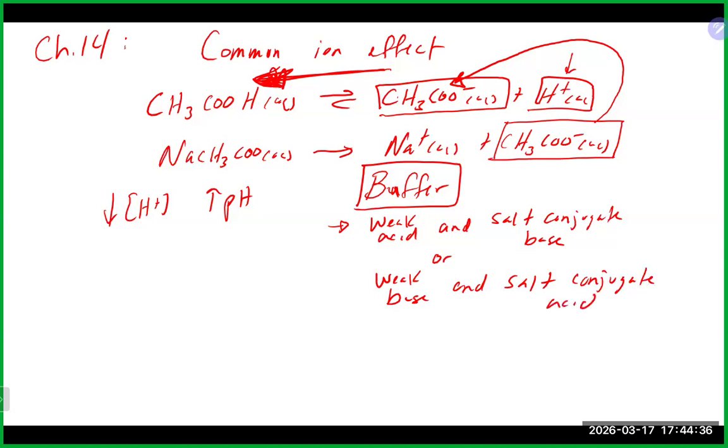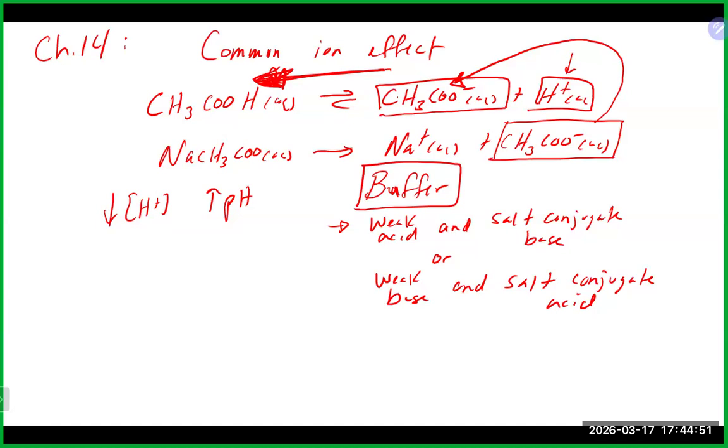We refer to it as the salt of its conjugate base because it's an ionic compound. It's a salt, and it will typically have some type of spectator ion on it that's not doing much, like sodium or potassium.